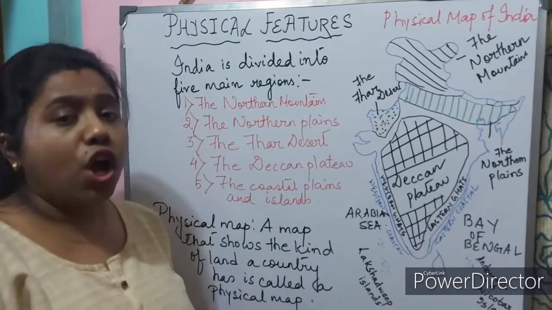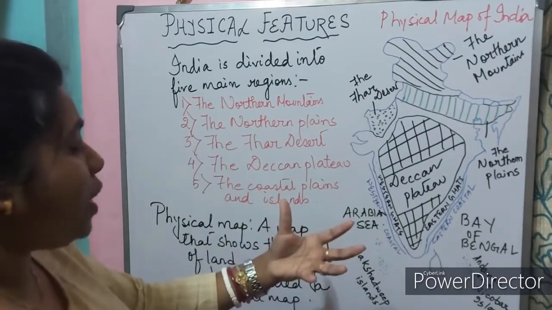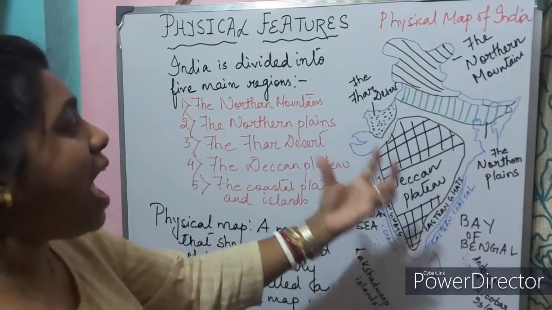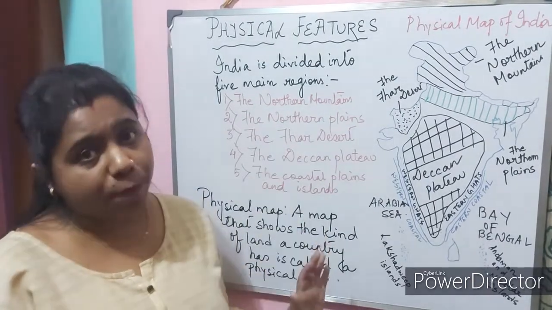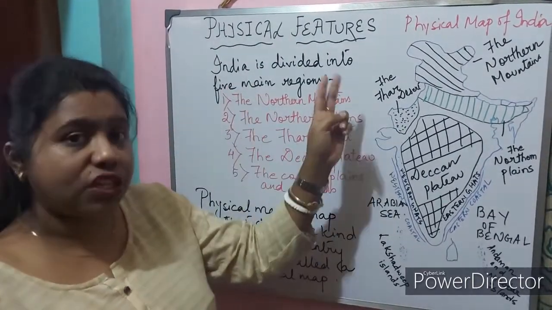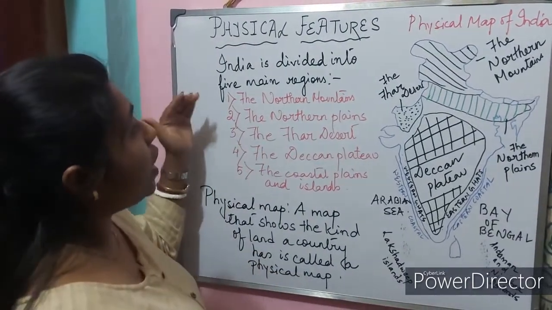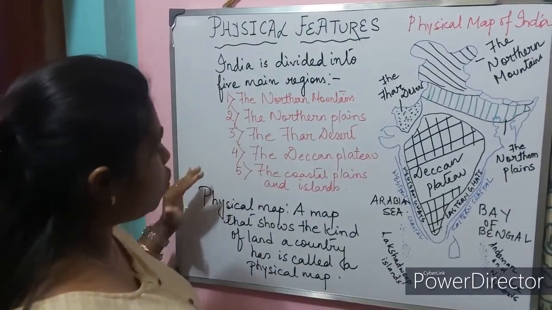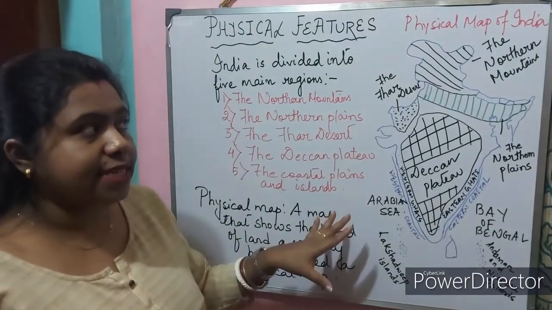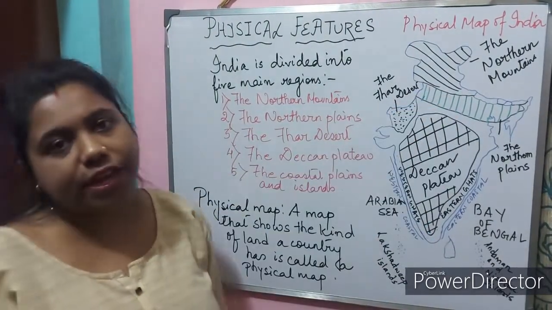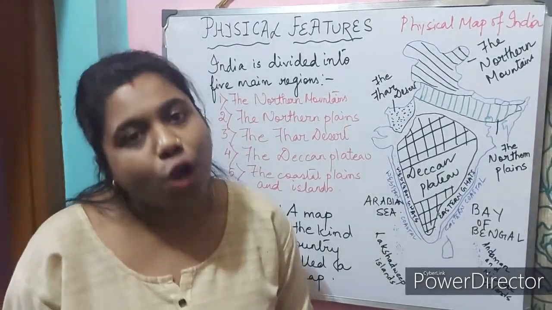Every country has its physical map, where we can see only the kind of land that particular country has. So what we understood from this topic is that we learned about the physical features, how on the basis of the physical features our country India is divided into 5 main zones, and what a physical map is, right? Examples are the physical map of India and the physical map of Africa. So now let us move ahead with the next topic.